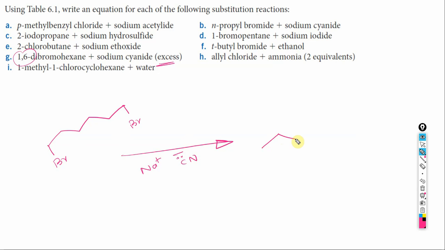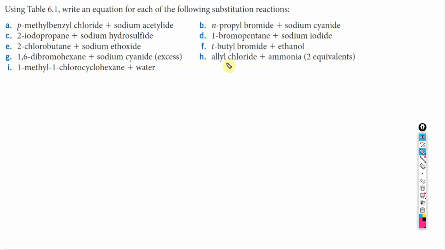Therefore you're going to get a dicyano compound. Cyano, that's also a triple bond. Remember, we can just write a CN, or we can just write a carbon with a triple bond to the nitrogen. Both of these are equally correct. So that is a product of the reaction there.